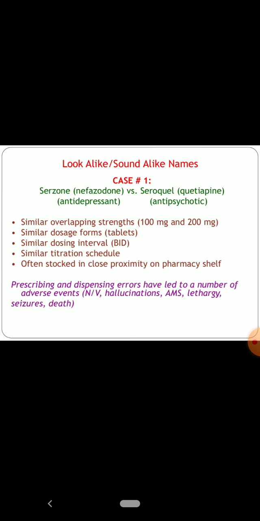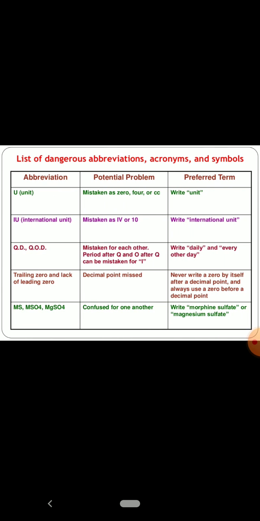These are similar-alike drugs which cause medication errors, with similar overlapping strengths like 100 mg and 200 mg, similar dosage form, that is tablet, same dosing interval BID, similar titration schedule, often stocked in close proximity on the pharmacy shelf. The prescribing and dispensing errors have led to a number of adverse events like nausea, vomiting, hallucinations, serotonin syndrome, lethargy, seizures, or it can cause death also.